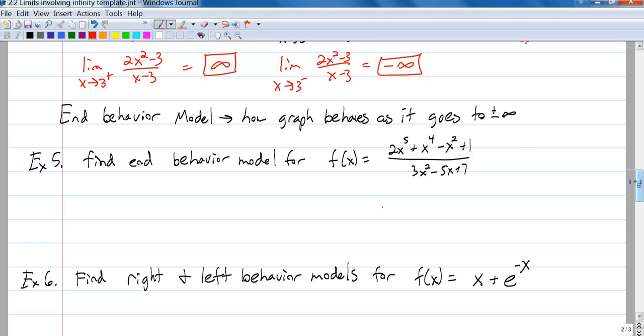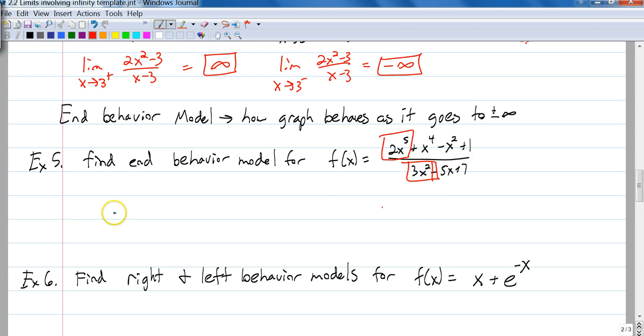We will still use our properties for functions like number 5, because number 5 is a rational function. We look at the highest degree on both the top and the bottom, because those determine what's really happening for big values of x. Everything else doesn't really matter. It's not affecting it as much.